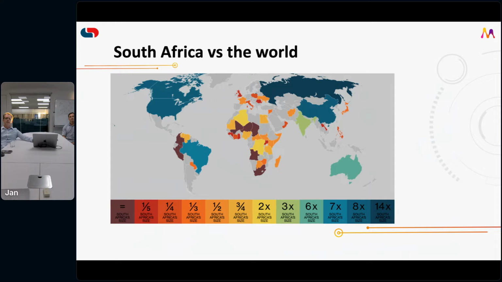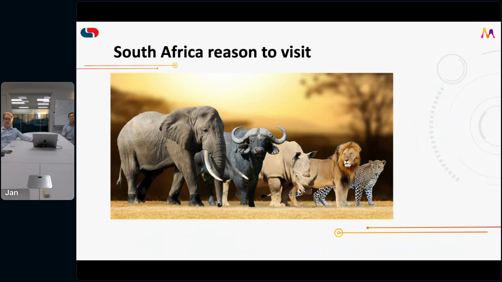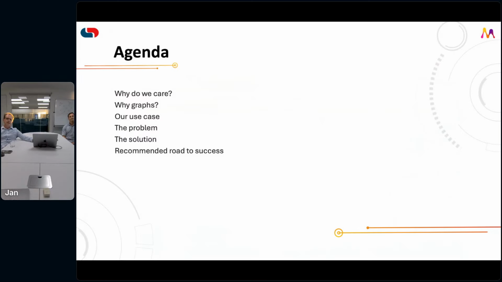And there are quite a lot of huge countries in Africa as well, and the US. It's an interesting place to stay because there's a lot of room for all of us, and we're not a lot of people. And why you should come and visit us is these guys. We have the big five. So book your safari, come to South Africa, and I promise you, you'll have a good time.